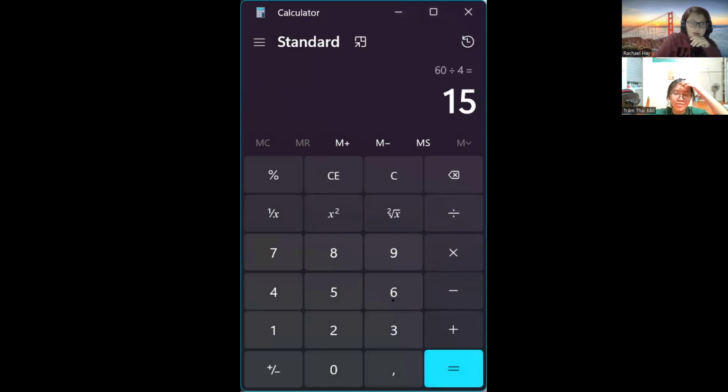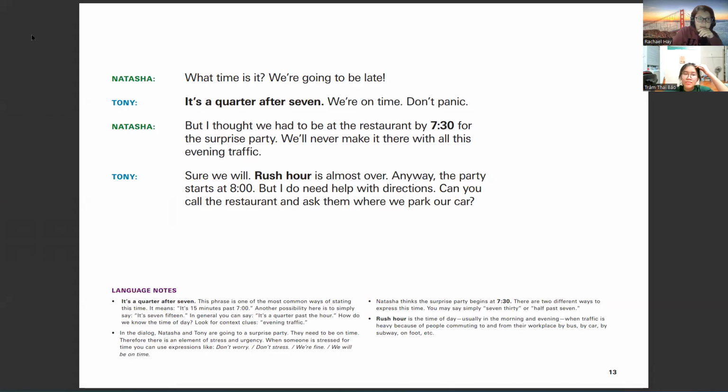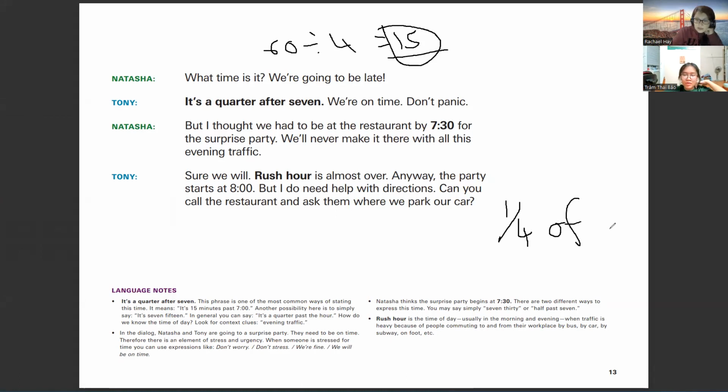So if you take 60 divided by 4 equals 15, that is your minute. That's why they call it quarter past, because 15 minutes is 1/4 of 60 minutes.